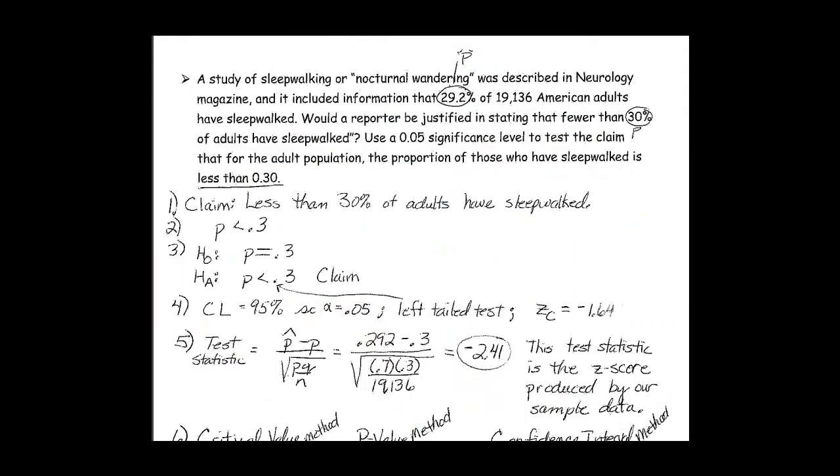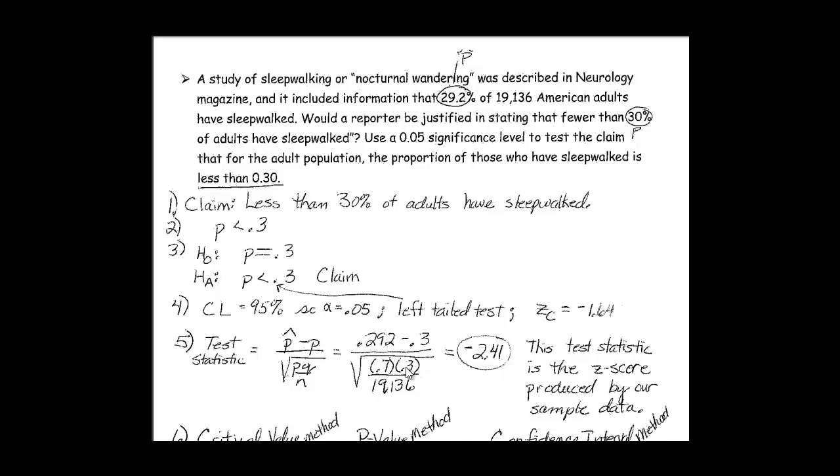Okay, so back to our problem here. We've got all of that nailed down, so our next step is to take a look at our test statistic. Writing in our information, here's our formula. Remember, p-hat comes before the population proportion. So we're going to plug in the information. I need to write this percentage as a decimal, minus what we're projecting the population proportion to be.